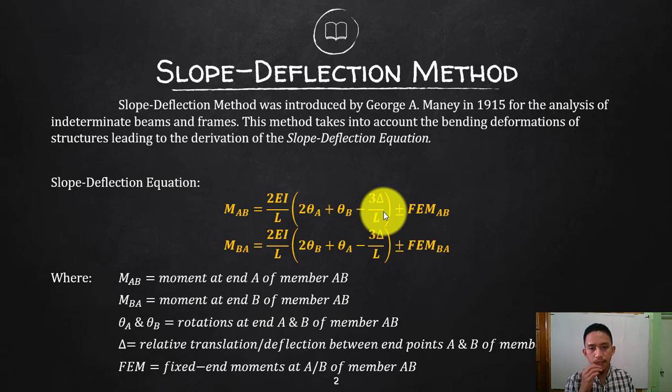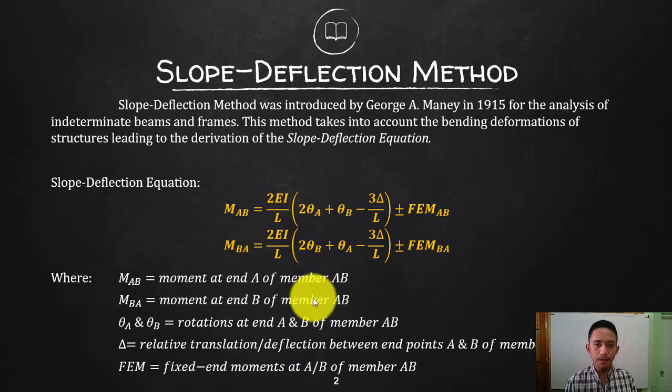Okay. You might be asking, there should be two deltas, but the delta that we are considering in this equation is the relative deflection or translation between points A and B. So just like in your truss, isn't it relative? The deflection of point A with respect to point B, or deflection of point B with respect to point A. So relative deflection.